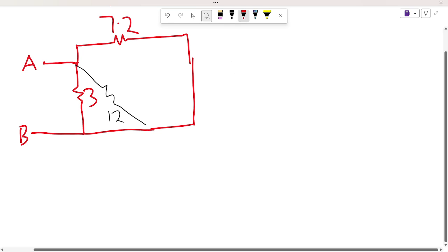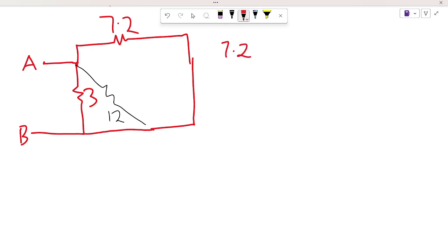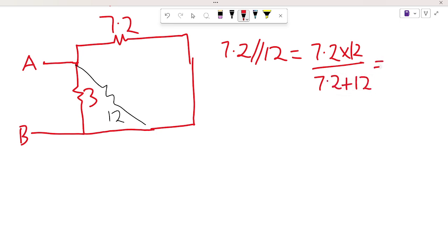So 7.2 in parallel with the 12. So we have 7.2 times 12 all over 7.2 plus 12.